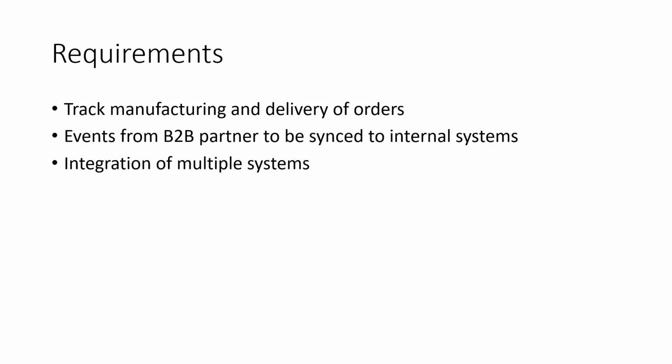We've got a B2B partner who does some of the tracking of our trucks doing the delivery, but the events from that B2B partner need to be sent to different systems in our organization so we can keep track of what's happening and know what's going on. So this would involve integration of B2B events to multiple systems within our business.